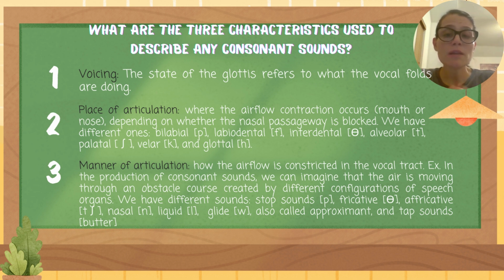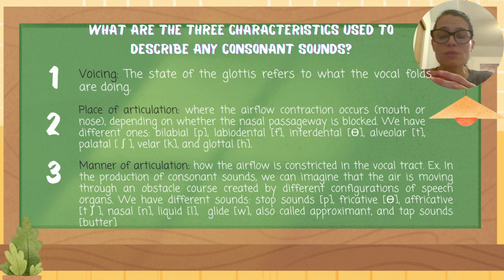And then the next one is manner of articulation, and how the airflow is constricted in the vocal tract. As for example, in the production of consonant sounds, we can imagine that the air is moving through an obstacle course created by different configurations of speech organs.